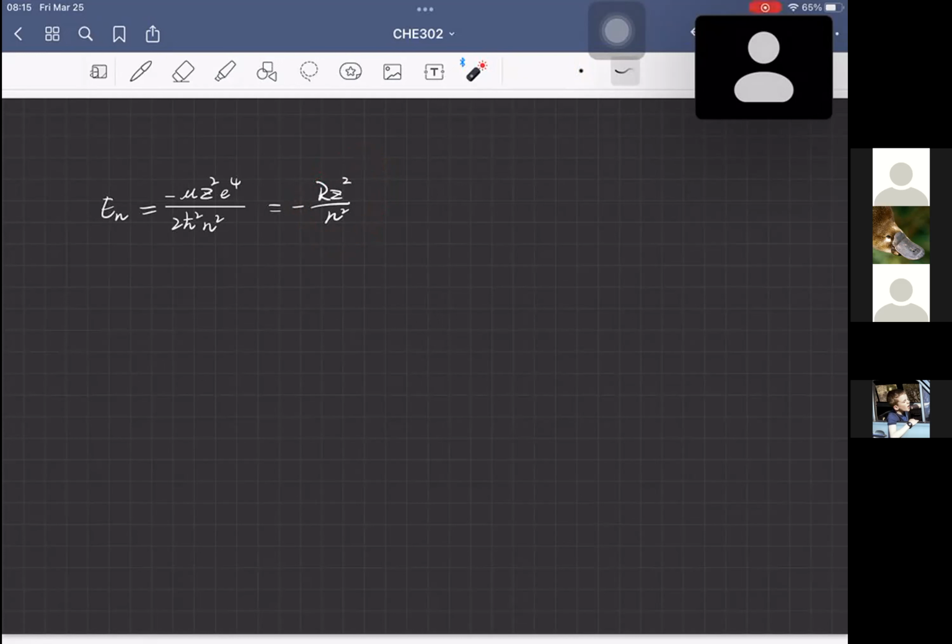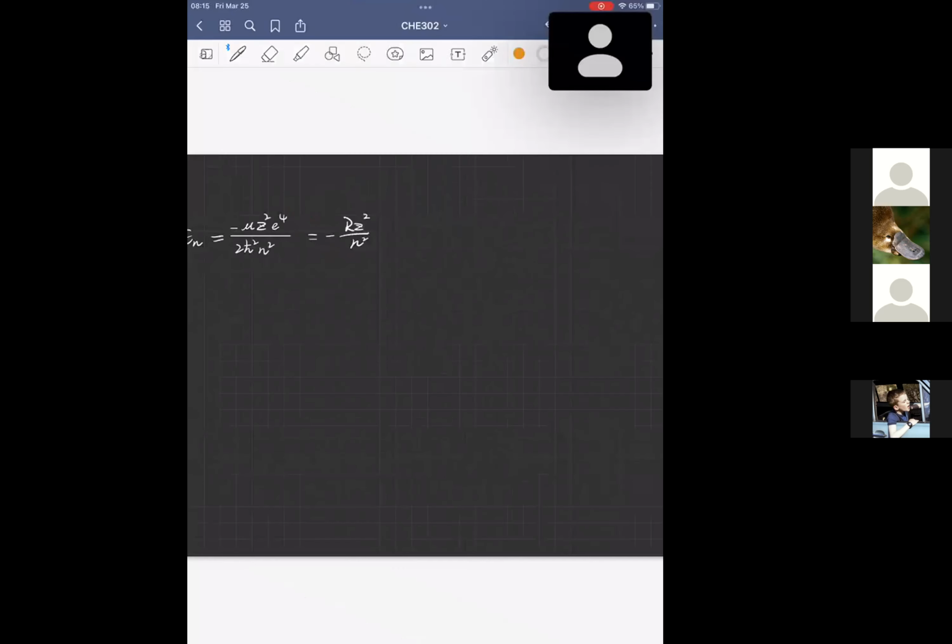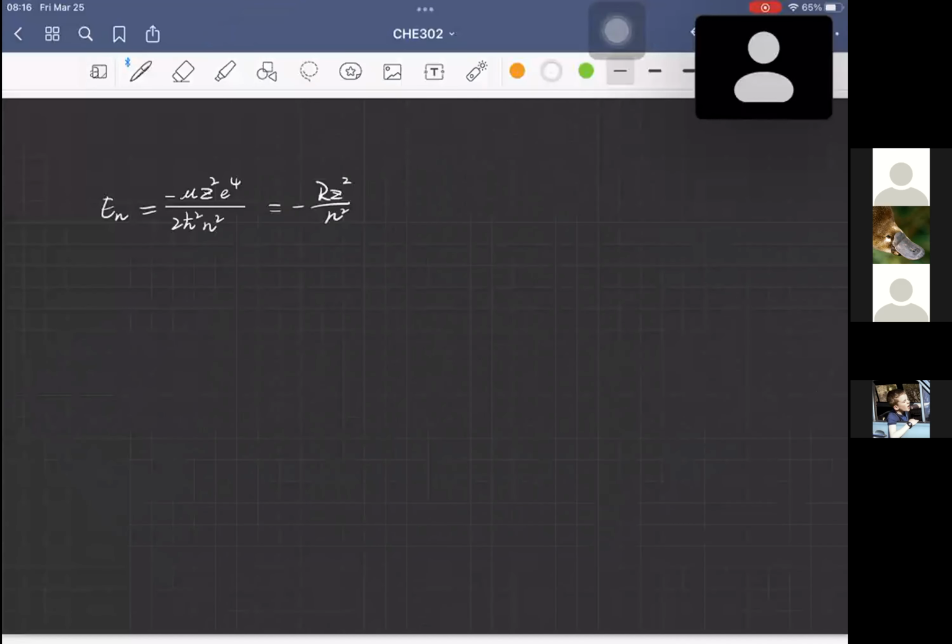If they don't tell you specifically what the units are, just use Z squared over 2n squared. It would be Z squared over 2n squared. If they don't specifically say the units, just use that equation and put it in Hartrees.